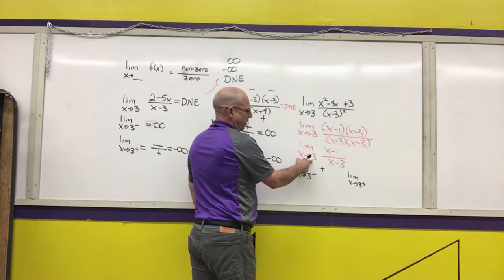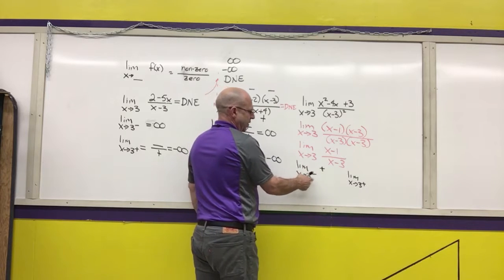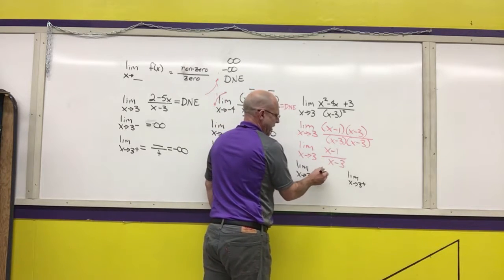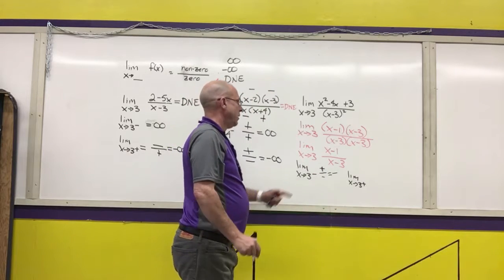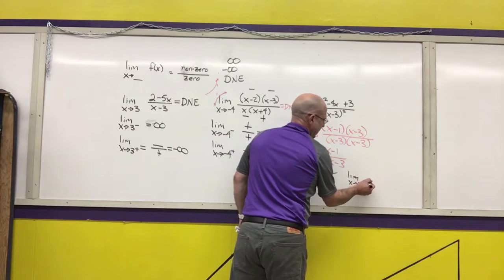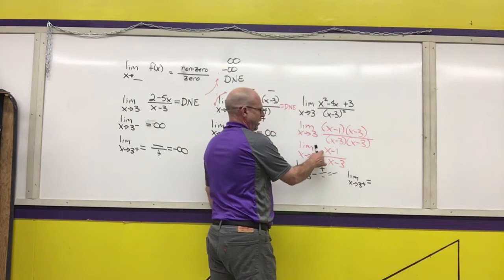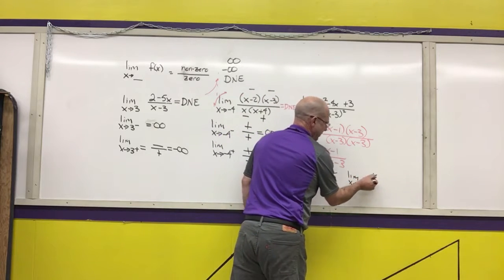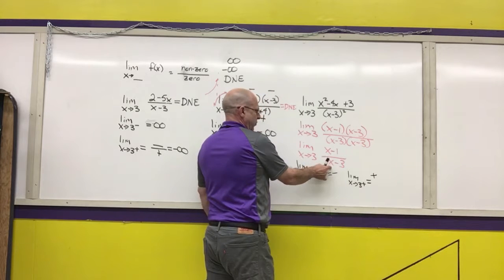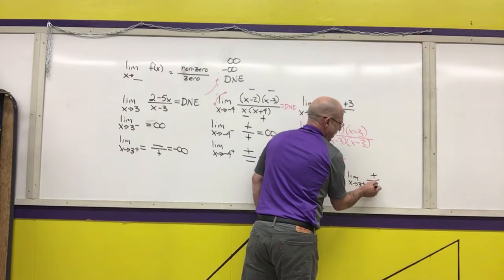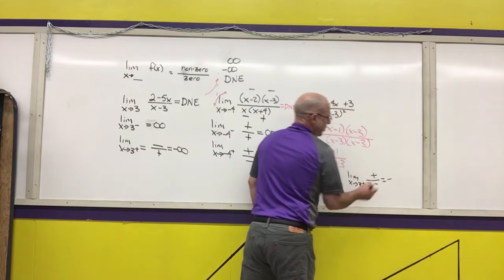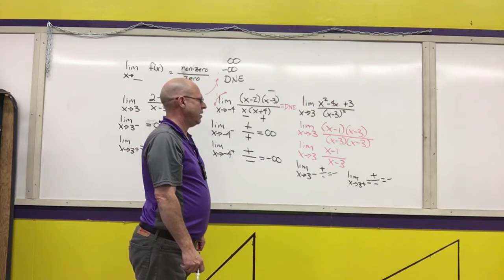And then we approach from the left, so that would be like negative 4. Negative 4 minus 3 is a negative, which gives me a negative number. The next thing I have is the limit as x approaches 3 from the right. I get 3 minus 1, which is a positive. And then I get like 3.1 minus 3, which is a positive, which results in a positive.